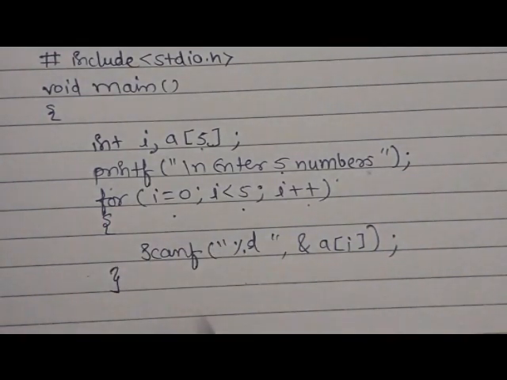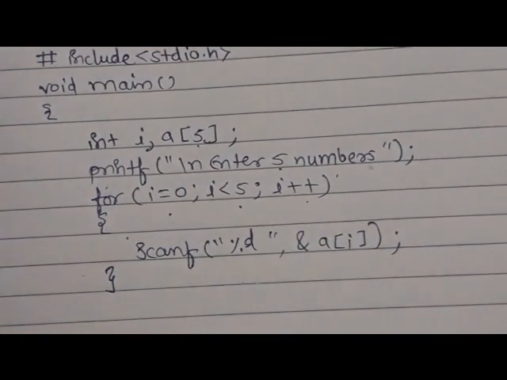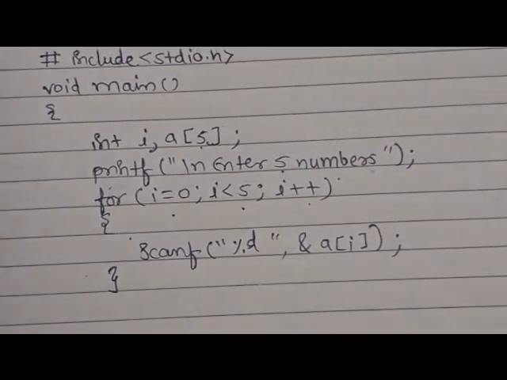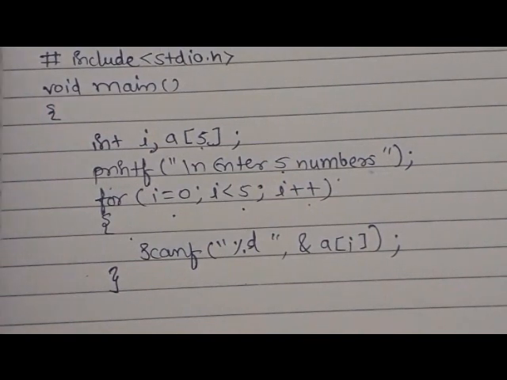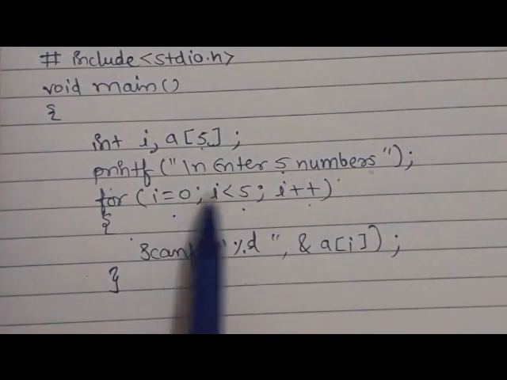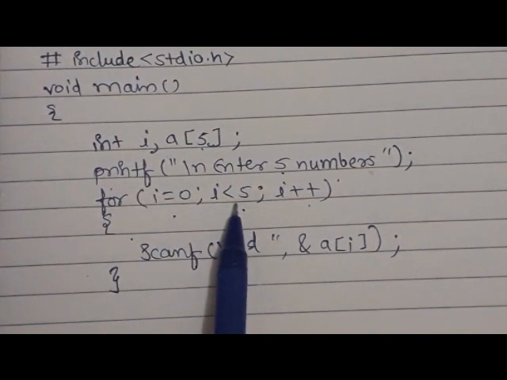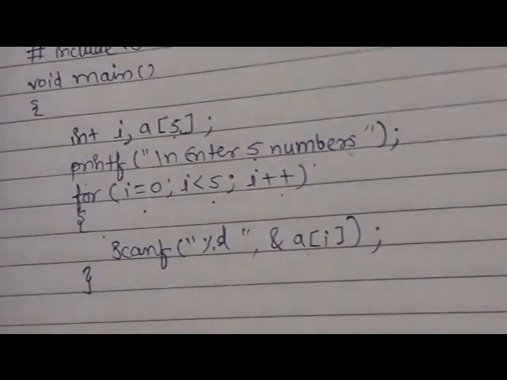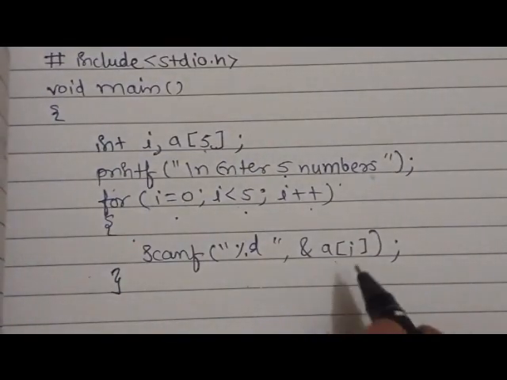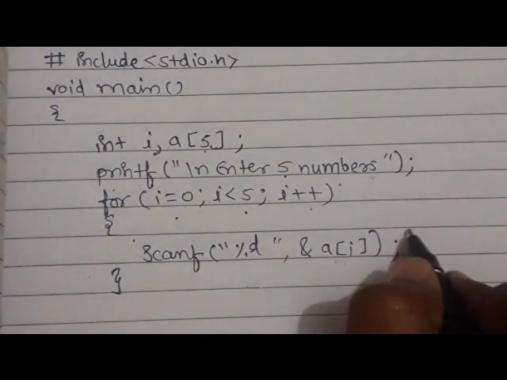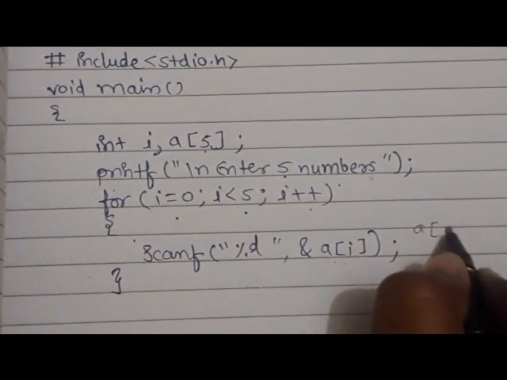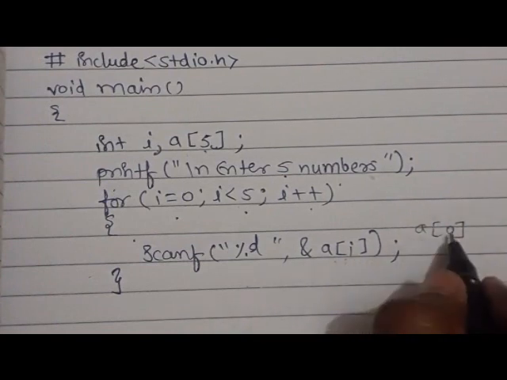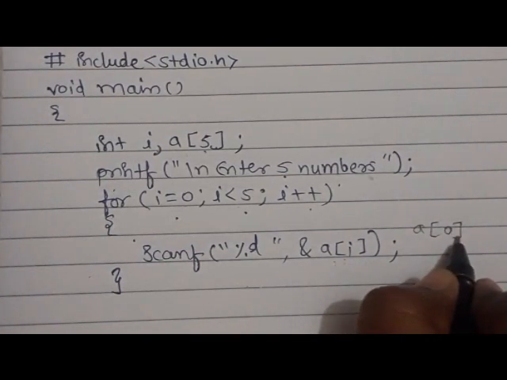It means initially, as we have seen previously, our value will be I is equal to 0, 0 is less than 5, the condition is true, then it will come here, and it will first store the value of a of 0. It will take the value from the user, and that value will be stored in a of 0.